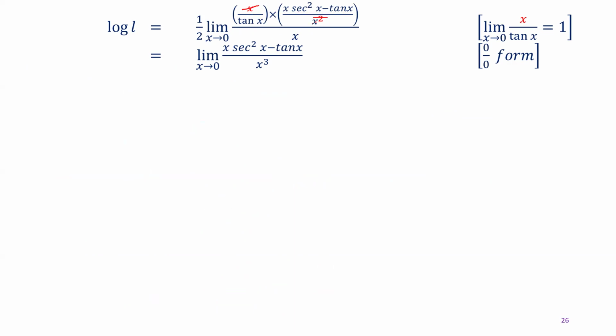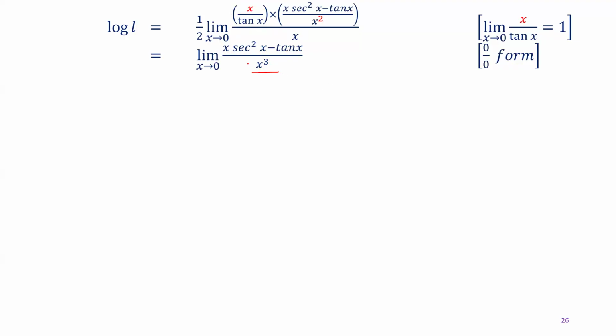So now this x will come down, (x sec² x − tan x), and we have to multiply this by x / tan x. Limit of x / tan x when x tends to 0 is nothing but 1, and we are not cancelling it over here. Now this x² and x will become x³. So in the numerator, x sec² x − tan x upon x³.